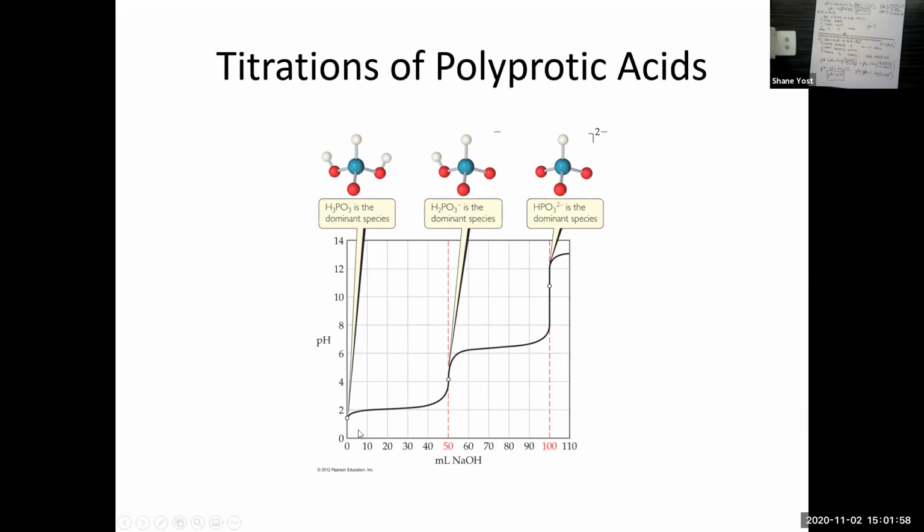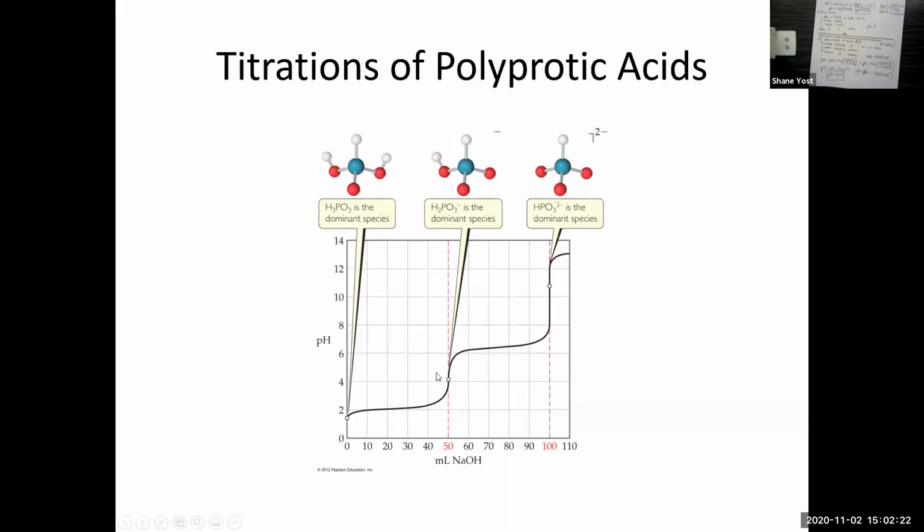It's a weak acid. Okay. It undergoes a titration with a strong base. When I reach the first equivalence point, okay, and I've added an equal number of moles of NaOH as I have H3PO3, then I've reached this equivalence point, and now just have H2PO3- left in solution.